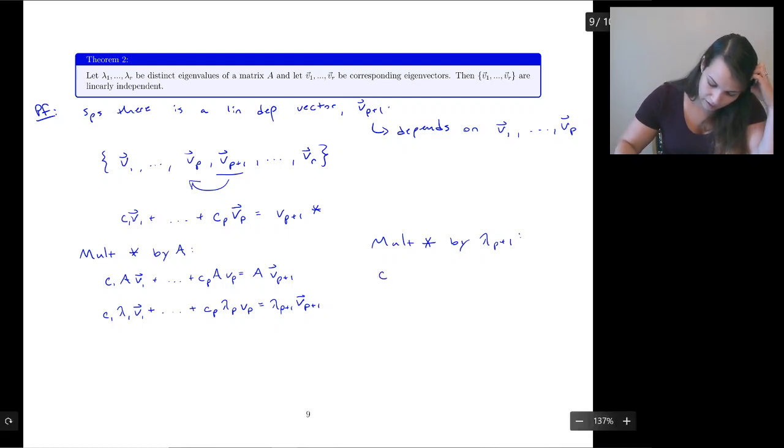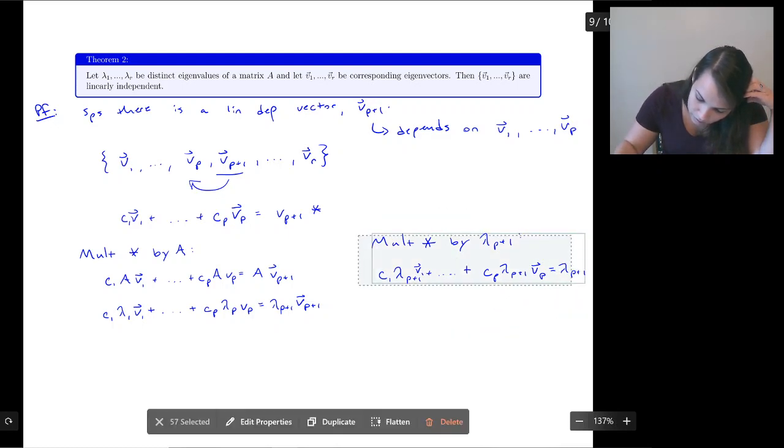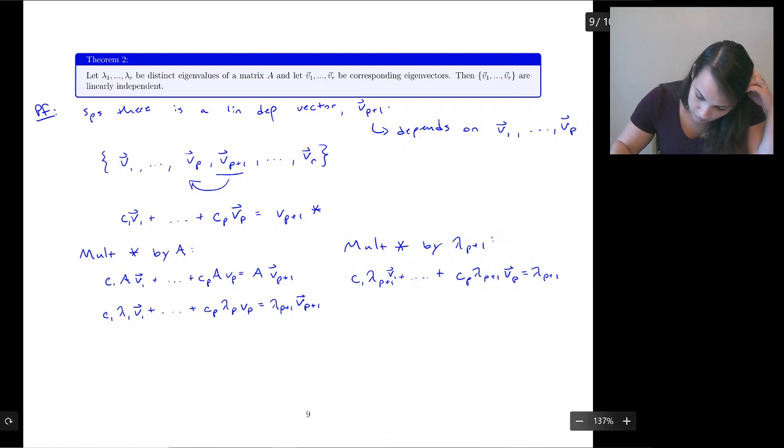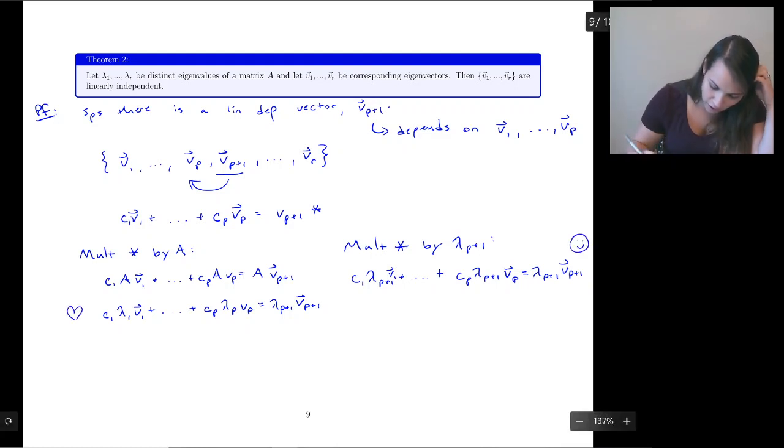That's going to give me C1 lambda p plus 1 V1, all the way to CP lambda p plus 1 VP. And I'm going to call this equation smiley face, and this is equation heart.